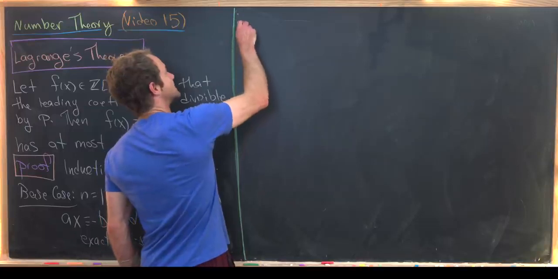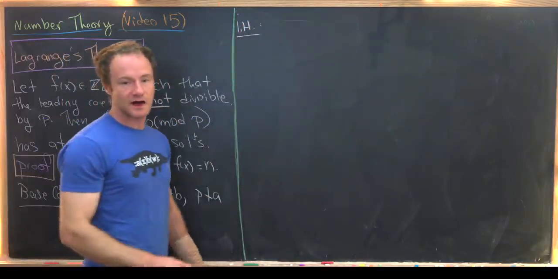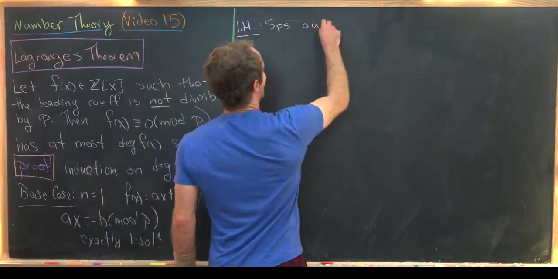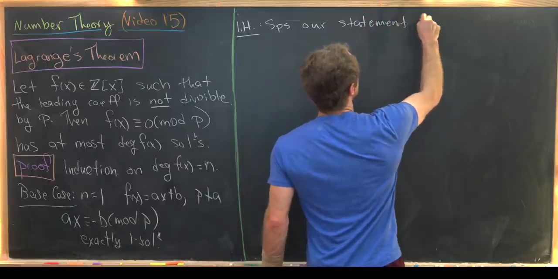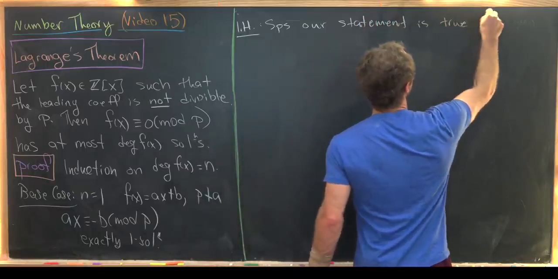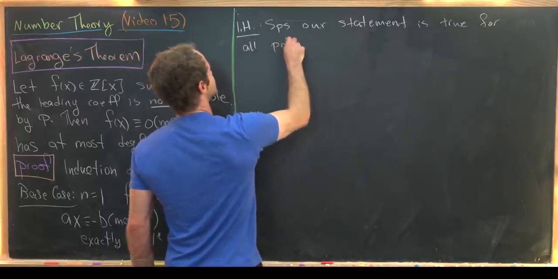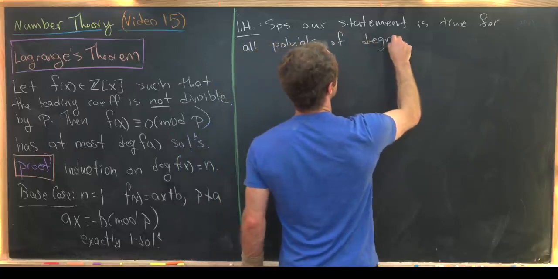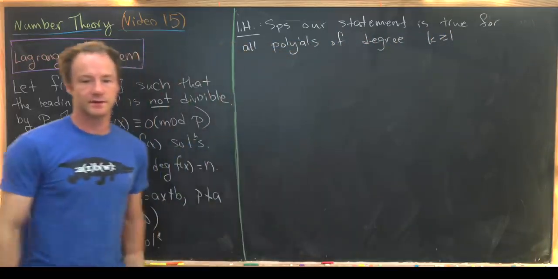Okay, so now let's make an induction hypothesis. The induction hypothesis will go like this. We want to suppose our statement is true for all polynomials of degree k, which is bigger than or equal to 1.